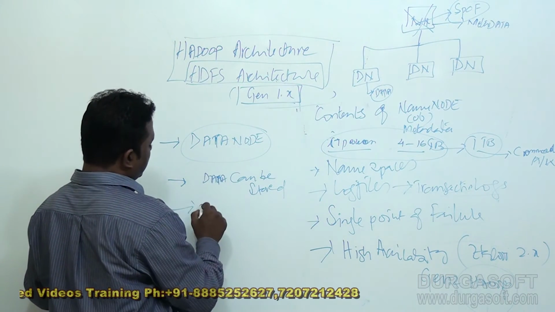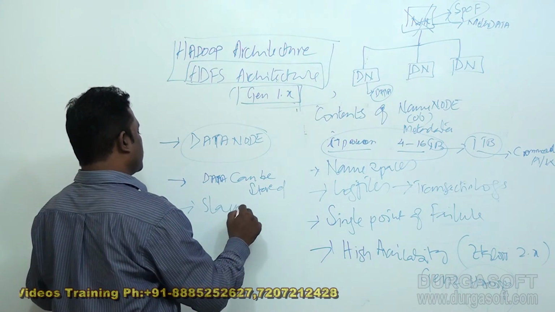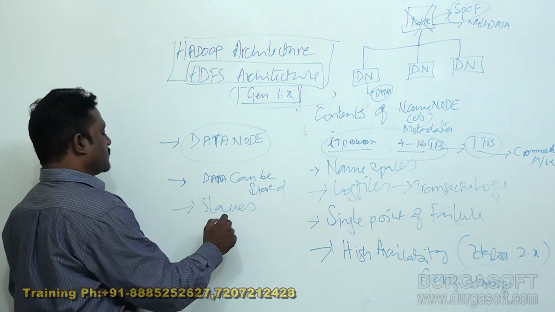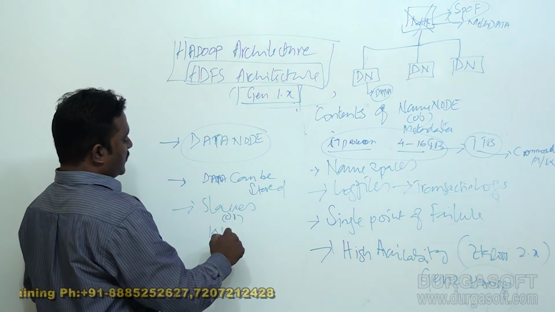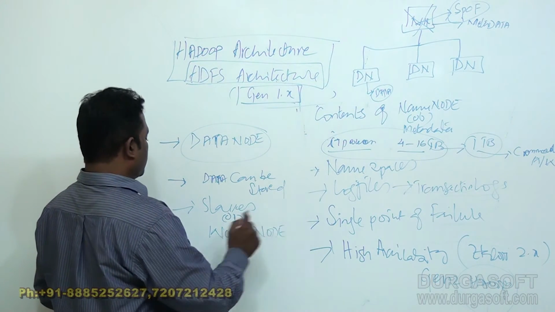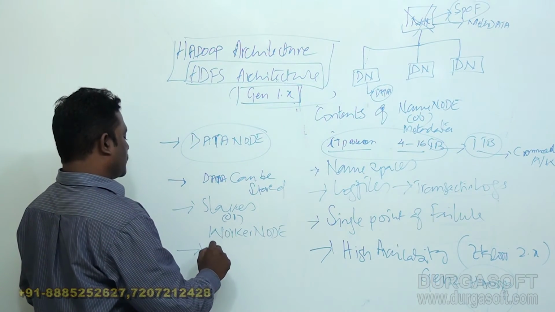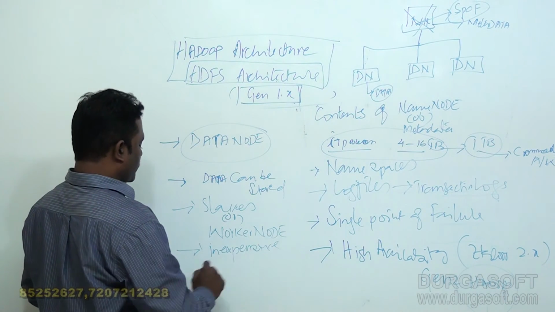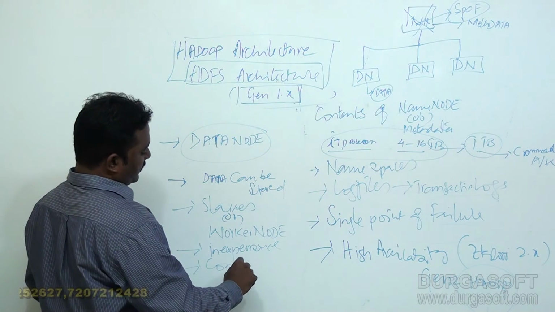Now we call data nodes slaves, and also worker nodes. These are inexpensive, commodity hardware.